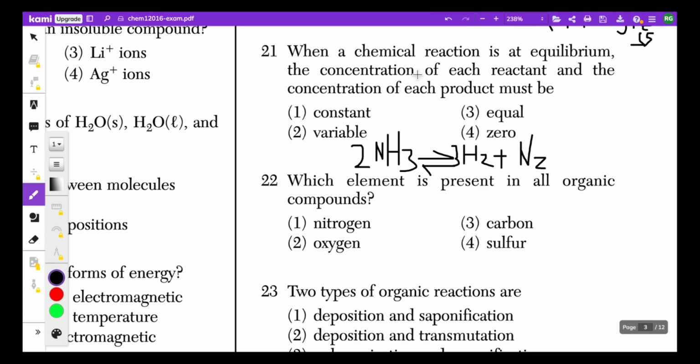Now, when a chemical reaction is at equilibrium, what you need to know is that the rates of the reactions are equal. So the rate at which this turns into this is equal to the rate at which this turns into this.